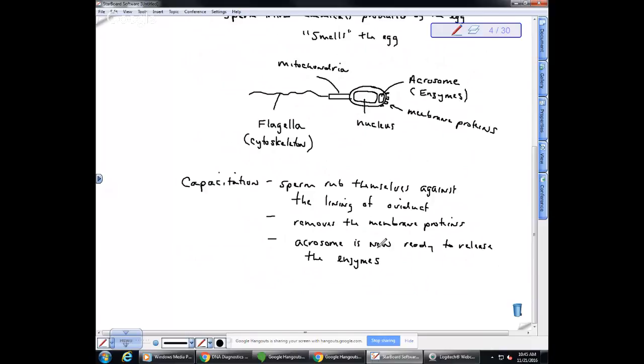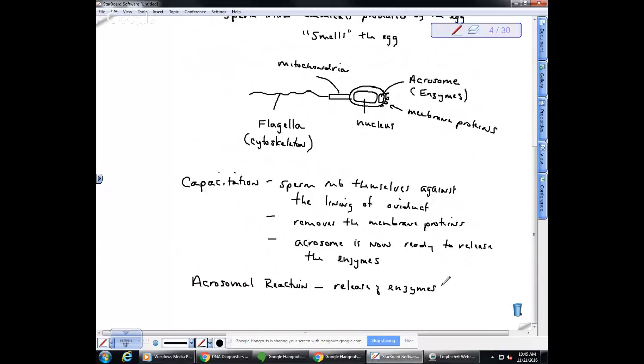Okay. So when it releases the enzymes, this is what is called the acrosomal reaction. So this is the release of enzymes. And hopefully that does not take place until the sperm has actually reached the egg.